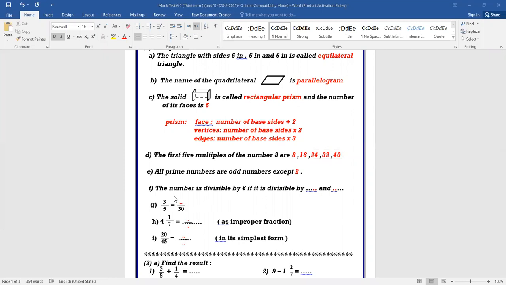Letter F. The number is divisible by 6 if it is divisible by.